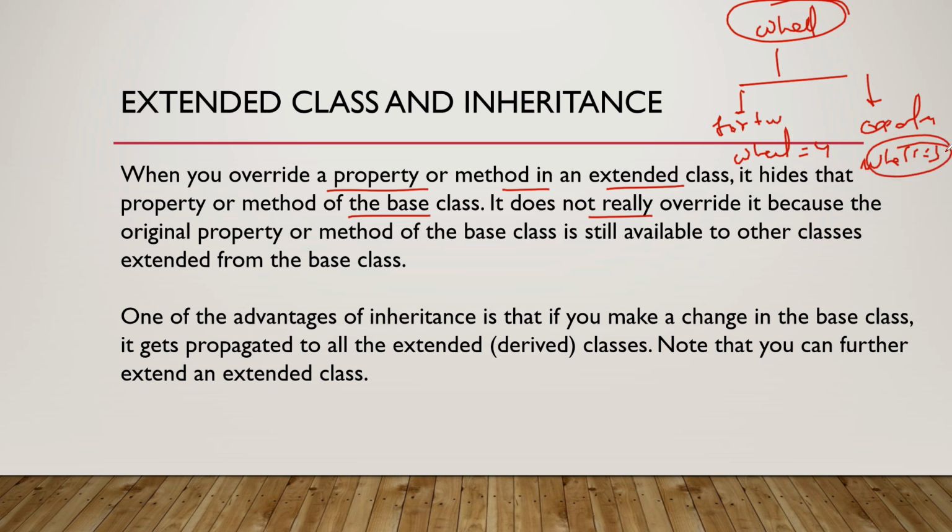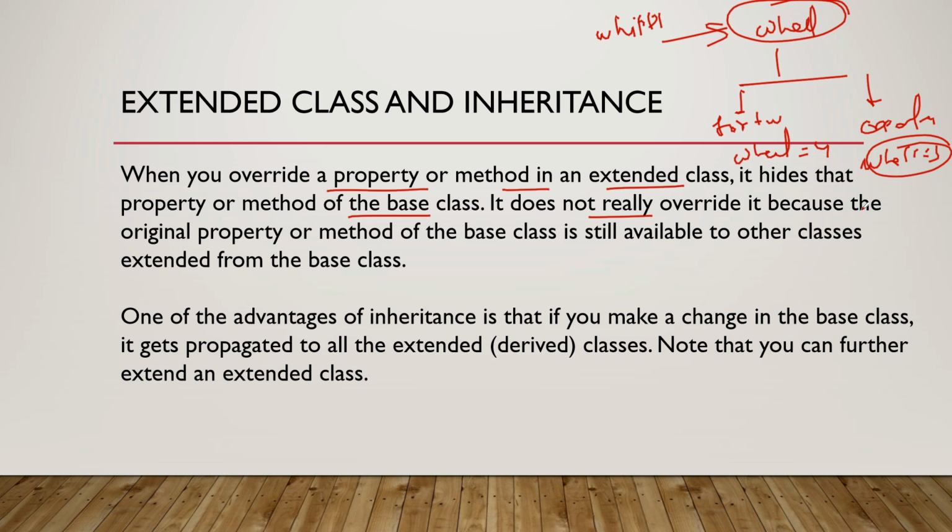That doesn't mean that you have made changes in the original one. The original one will remain unchanged whenever you make changes in the derived class. So keep this in mind. It does not really override because it is the original property or method of the base class. It is still available to other classes extended from the base class.